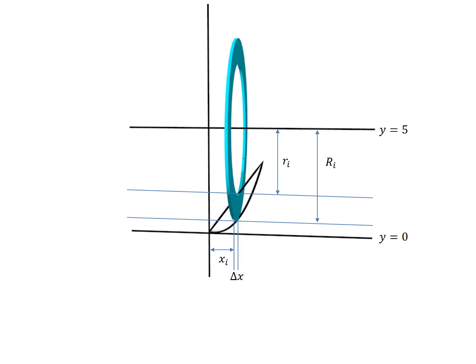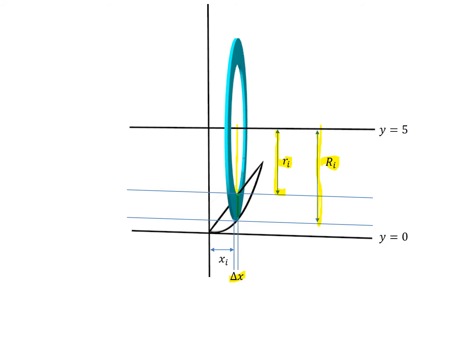And so in this thing, we have an inner radius here from the line y equals 5 to the line segment, and we have an outer radius if we go all the way down here to the paraboloid, or parabola, I should say. So here's my inner radius and that outer radius. I have a thickness, change in x.